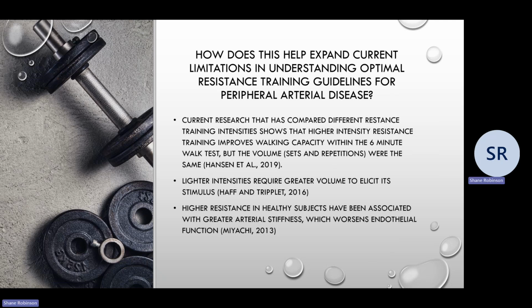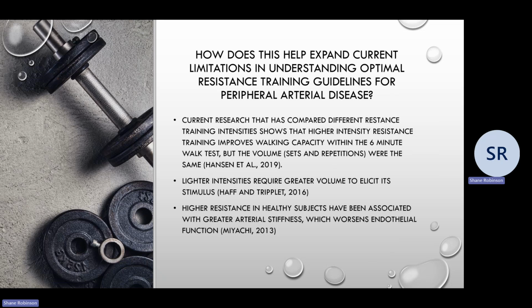And we know, with our Essentials of Strength and Conditioning and National Strength and Conditioning Association textbooks and their reference charts, that lighter intensities require greater volume, especially greater than 3 sets of 8 or 4 sets of 8, as opposed to higher intensity resistance training.